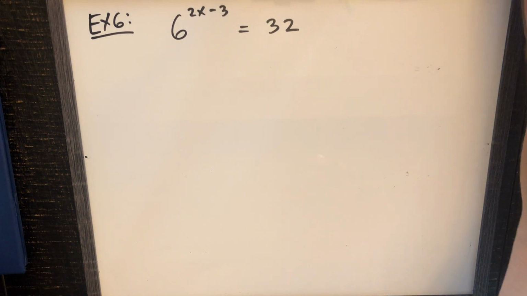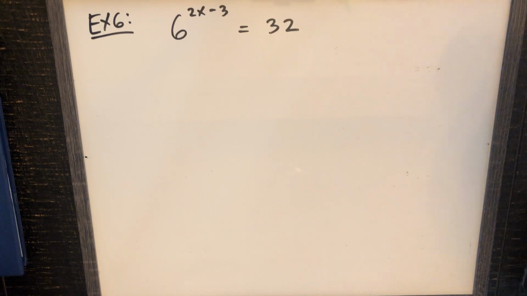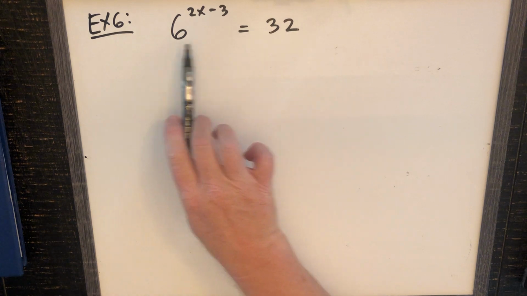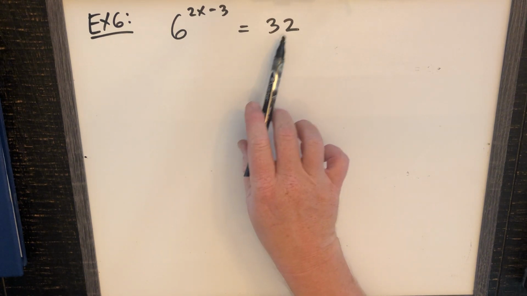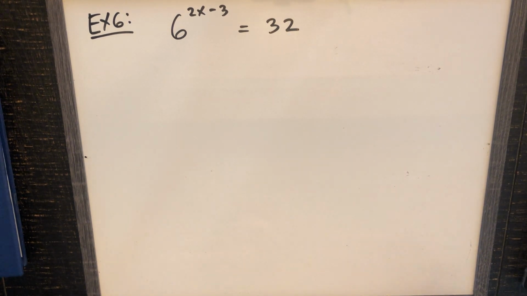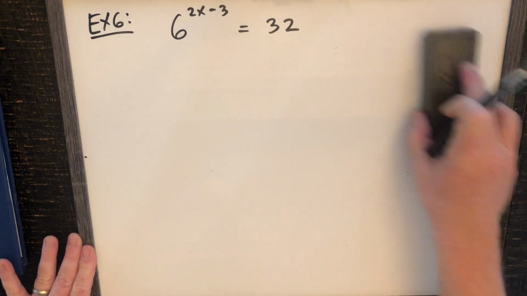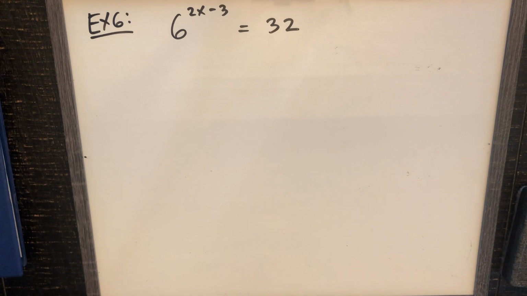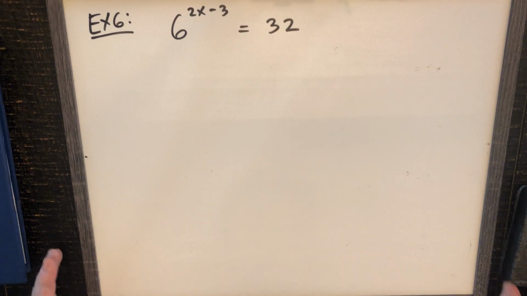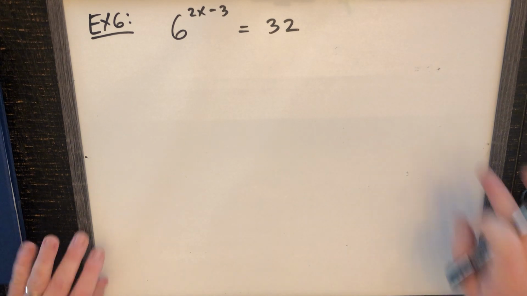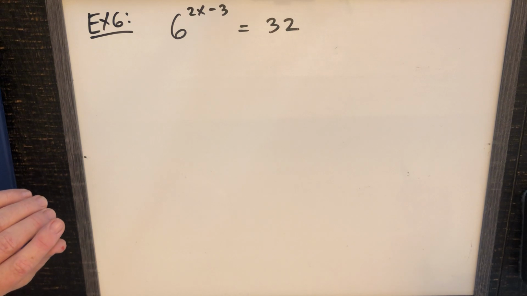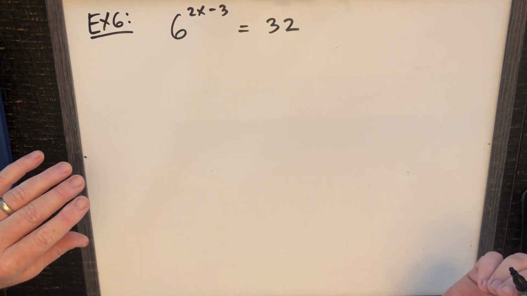Again, we have an equation where it's nearly impossible, at least with mental math, to tell me what exponent you would raise 6 to in order to exactly get 32. If that was a 36 instead of a 32, then we could revert back to the same base property that we saw earlier, but I'm going to assume that it cannot be done, at least by initial inspection, so we're going to use a logarithm.